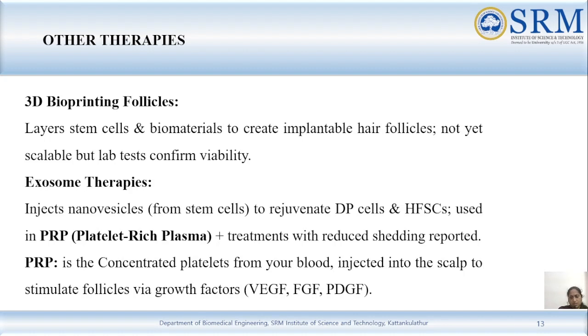But this technique is generally not scalable, though it shows that at lab level the cells are viable. Basically you print out layers of biomaterials and stem cells to create an artificial hair follicle, trying to mimic the condition of a normal hair follicle. Stem cells are able to remain viable and show good growth. But to produce at an industrial level is generally very difficult.